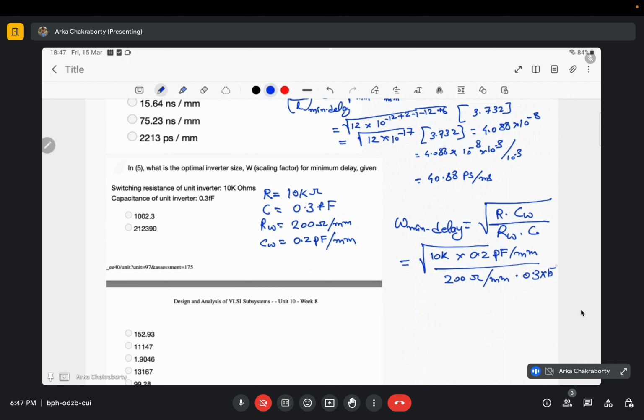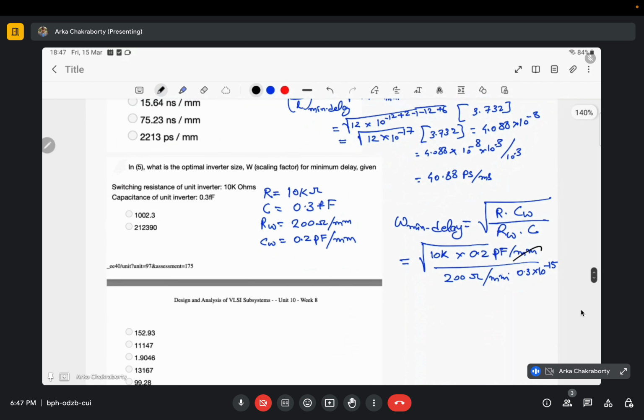Femto is 10 to the power minus 15. So I can simply cancel millimeter from here.